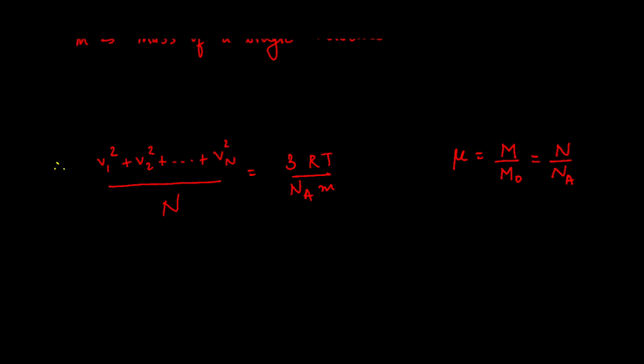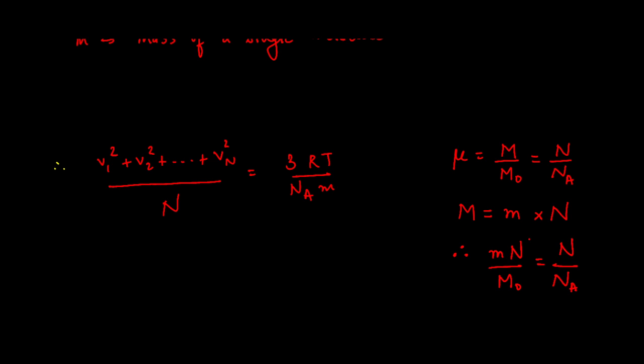Now I'm going to say that if you take the total mass of gas, remember capital M is the total mass of gas. Total mass of gas is equal to the mass of one molecule multiplied by the number of molecules. Yes or no? Okay, so if we use this here at this place, we are going to get small m into capital N upon M0 equal to capital N upon Na.